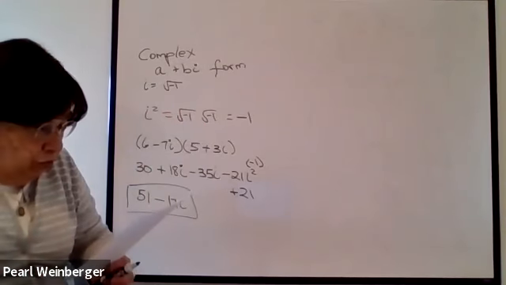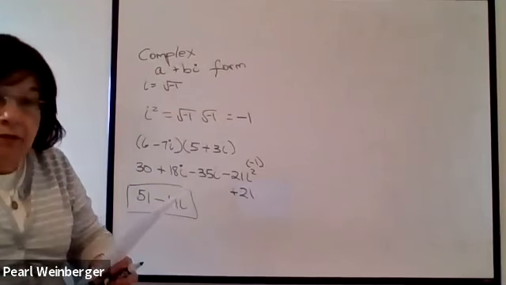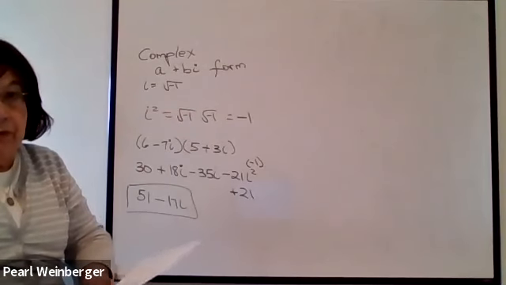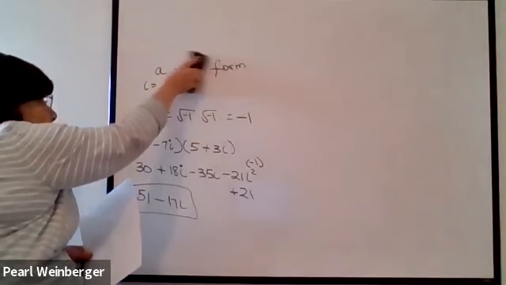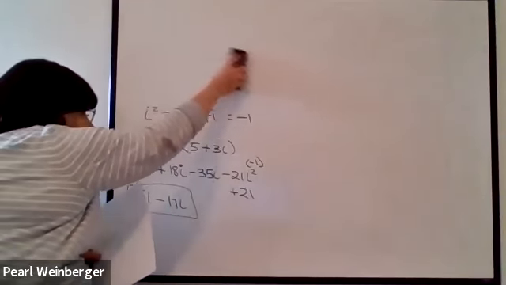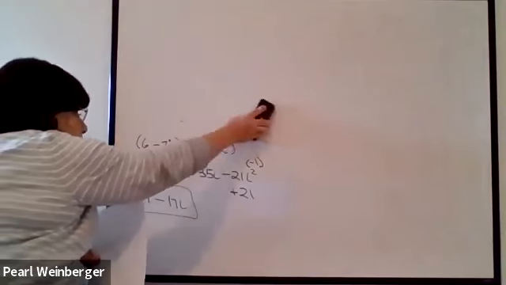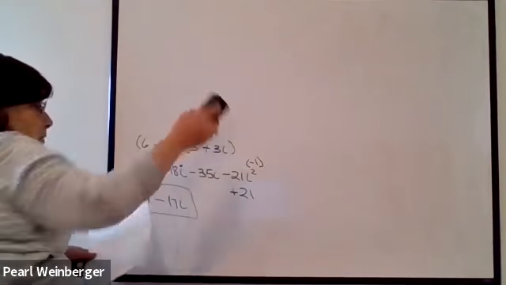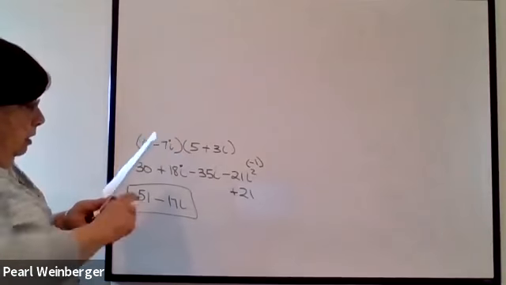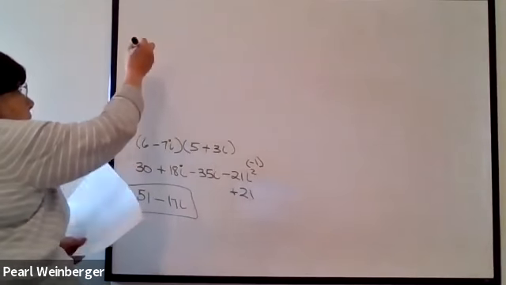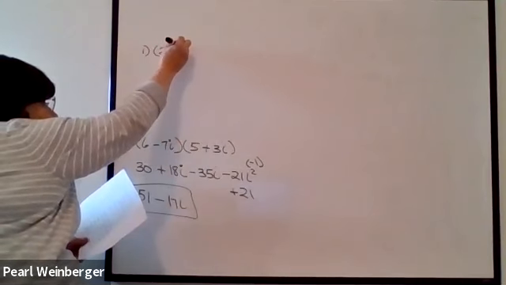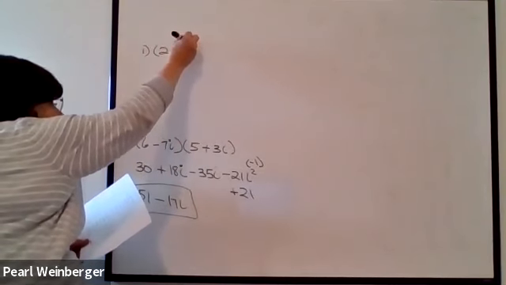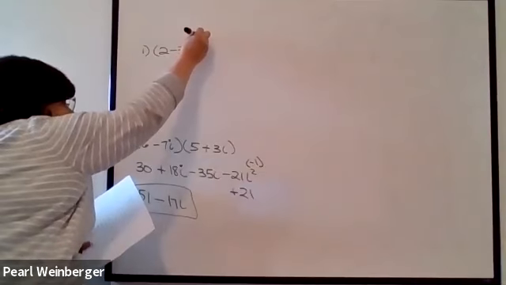Let me give you two to try. I want you to try these two problems. Okay. Problem number 1. Do 2 minus 3i squared.